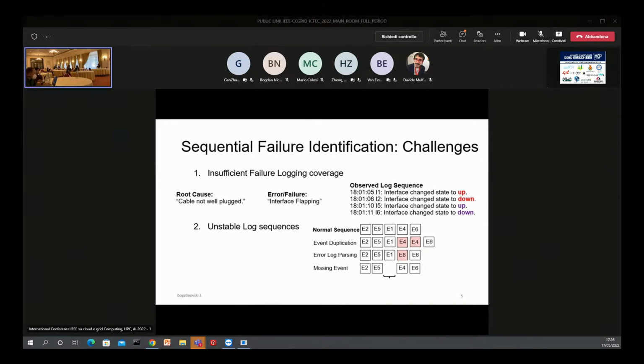Because logs are usually collected at one place and analyzed in one central place, we can have some random probability of error. The logs can be duplicated. We can have errors in the pre-processing technique, and then we have missing events. The failure sequences can be quite similar to these unstable normal sequences. These are the two main challenges.